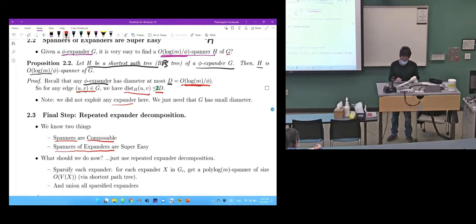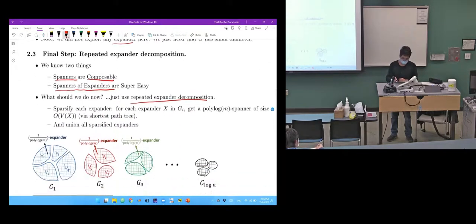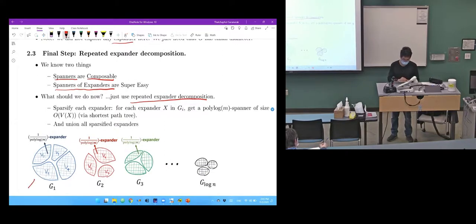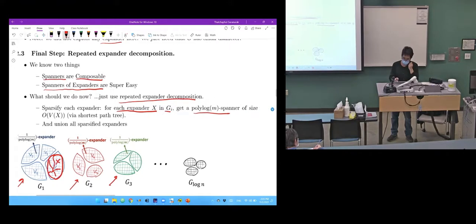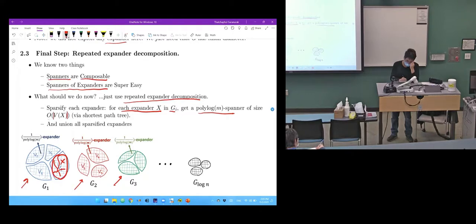We should just use this repeated expander decomposition, right? Decompose the graph into a bunch of disjoint unions of expanders. Then for each expander, let's call it X, inside some of the G_i, sparsify it using just a BFS tree, and you get a polylog spanner of size linear in X, right?